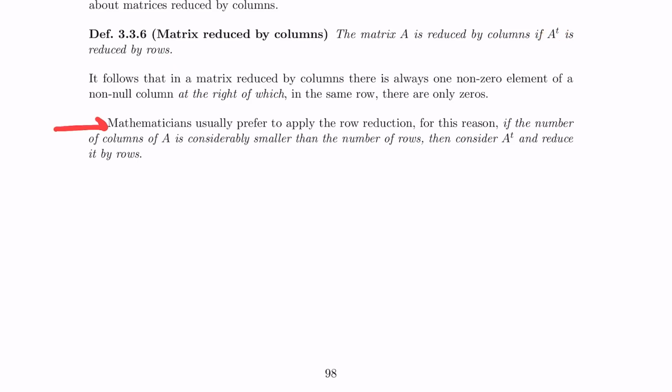However, mathematicians prefer to apply row reduction, and for this reason, if the number of columns of A is considerably smaller than the number of rows, then instead of dealing with A, we deal with A transpose and reduce it by rows. The last step towards Gauss' method for solving linear systems is an improvement of the procedure of row reduction that we're going to discuss in the next section.